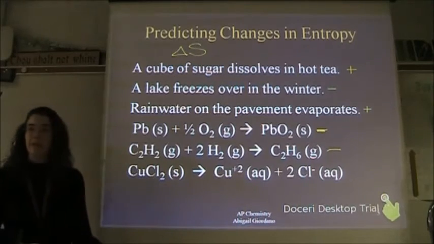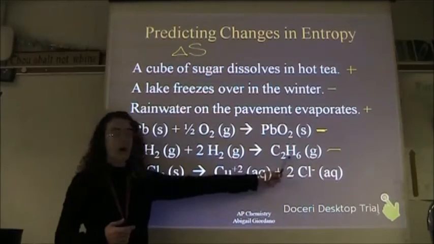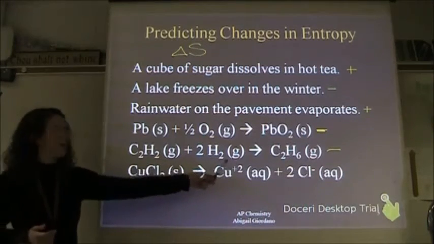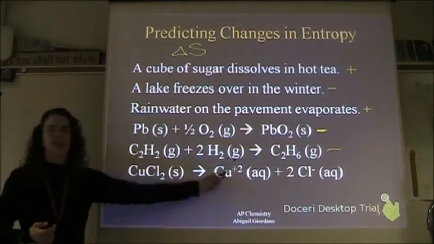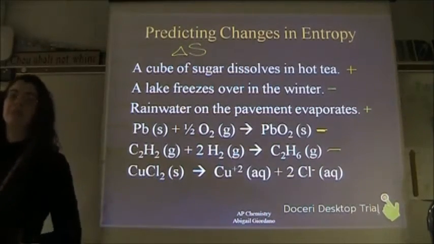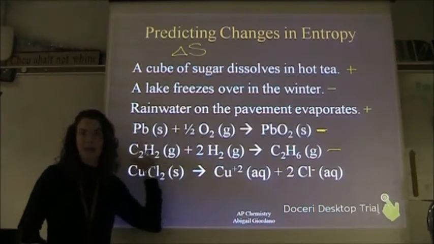You could look at it from the perspective of what he said, this is becoming one thing, or you could also look at it from the perspective of we have 1, 2, 3 moles of gas on the left and only 1 mole of gas on the right. Gas is high entropy. There's more high entropy on the left.